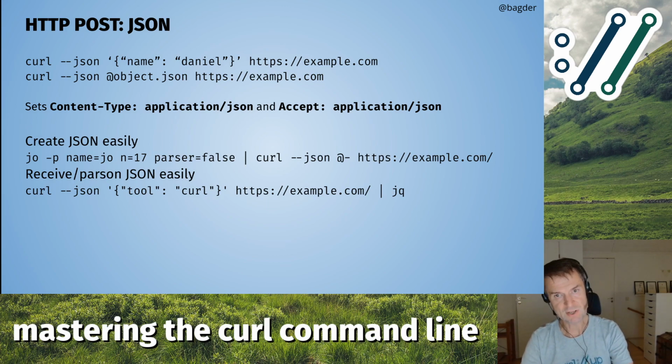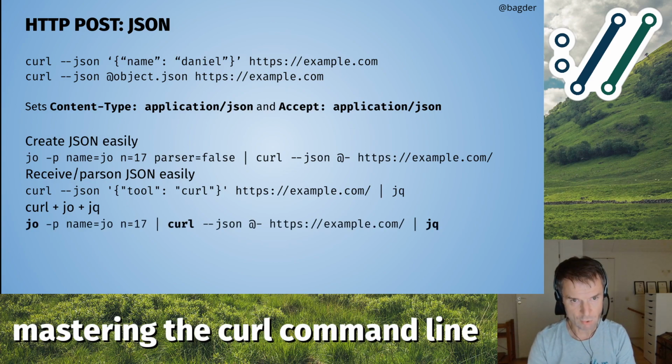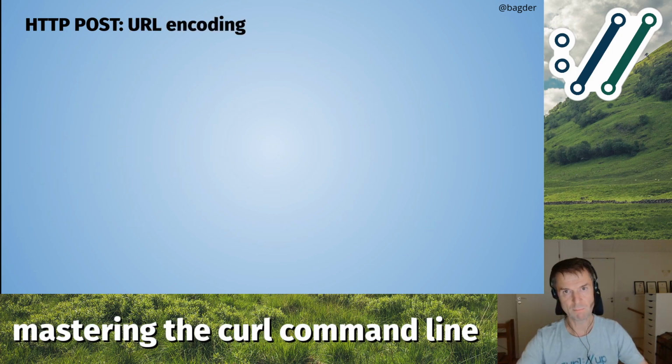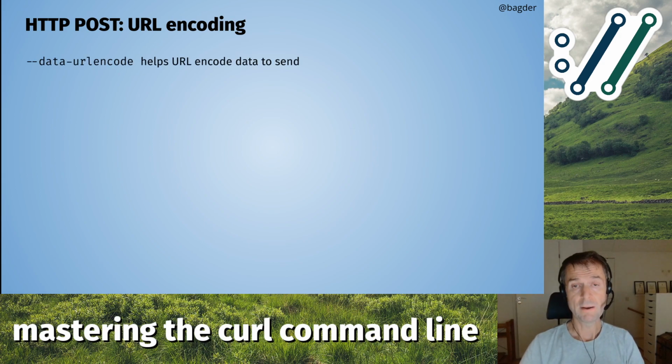So if you get JSON back, pipe it into jq, and then you of course can do the magic triplet. Use jo, create a JSON, send it to curl, send it to the server, get JSON back, pass it on to jq. Awesome set. Success, win, profit, everything.